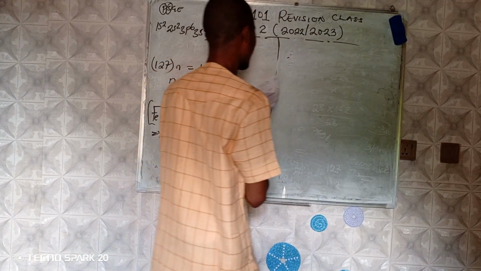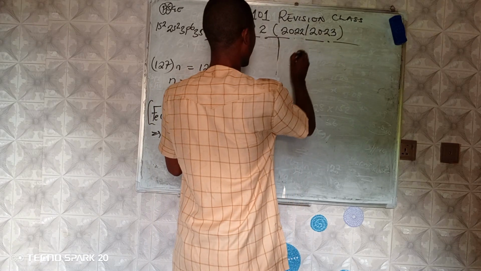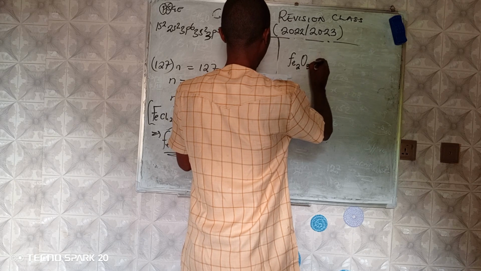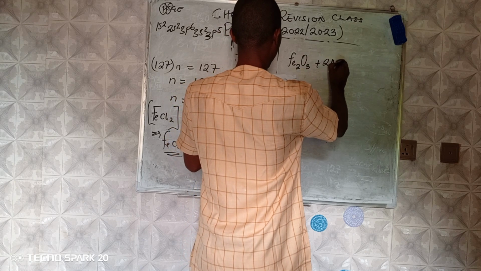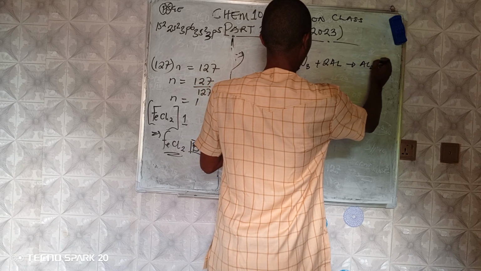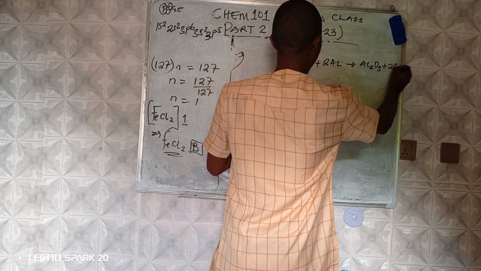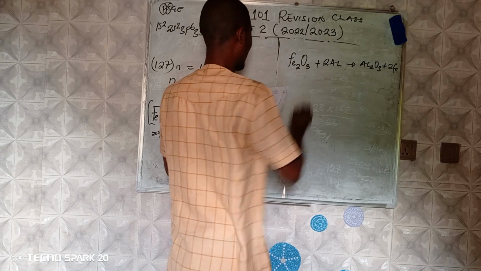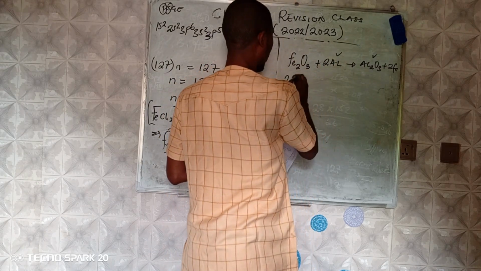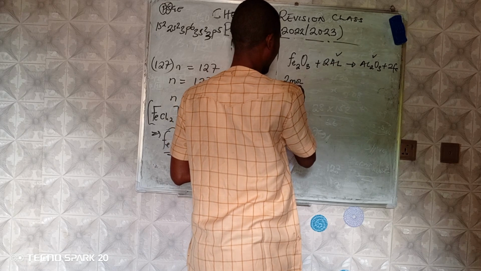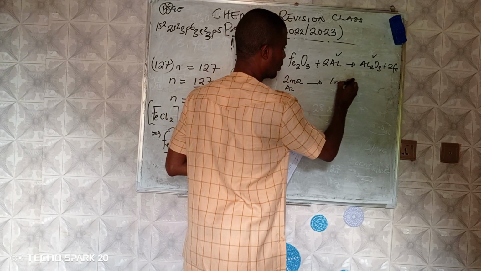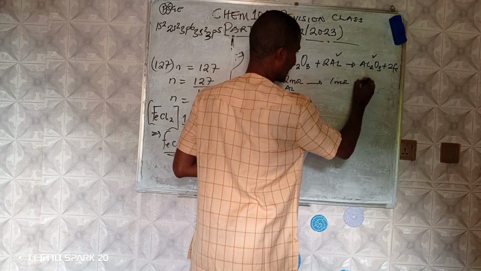So that is 56B: Fe2O3 plus 2Al produce Al2O3 plus 2Fe. Now, we're interested in this and we're interested in this. 2 moles of Al produce 1 mole of aluminum oxide.